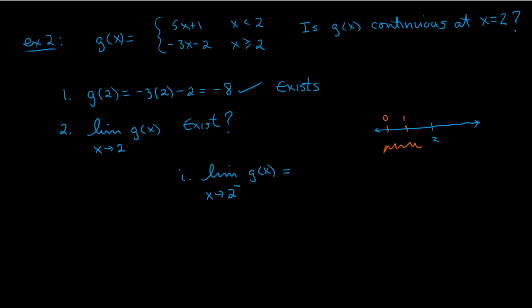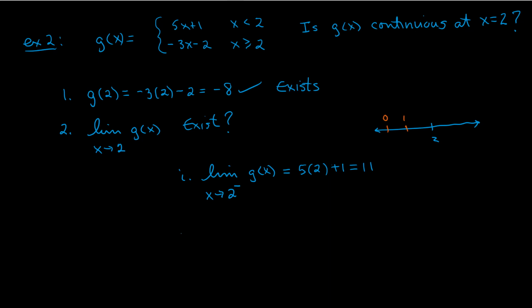These values are all going to be less than 2, which is going to indicate that according to the function, we need to use this 5x plus 1. So when we evaluate this, we're going to do 5 times 2 plus 1 equals 11. So now we have a value for the function from the left-hand side.